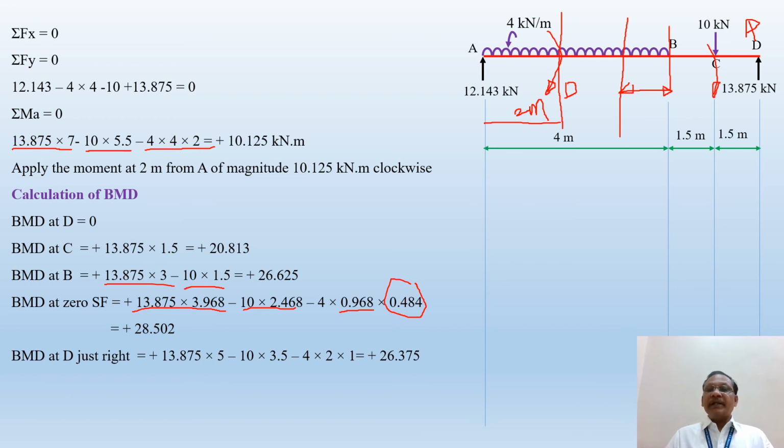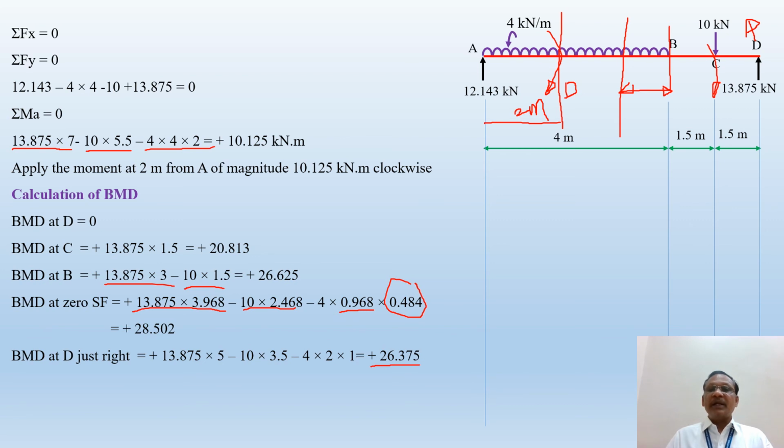So bending moment at D, just write the forces that are acting: one is 13.875, 10, and the UDL. That I have written 13.875 into 5 minus 10 into 3.5 minus 4 into 2 into 1. You will get the value 26.375. Okay, then bending moment at D just left is equal to the above equation remains the same.